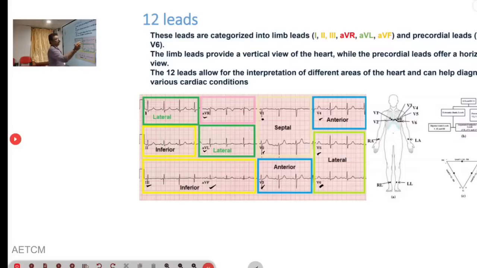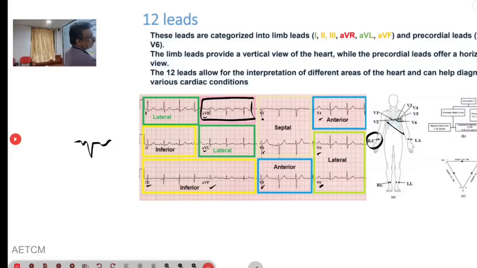Take only AVR. What is happening in AVR you have to see. All the complexes in AVR will be negative. P wave will be negative, QRS will be negative, ST segment will be normal, and T wave will be negative. That is because if you are taking right upper limb AVR, the electrical axis will be from right to left.